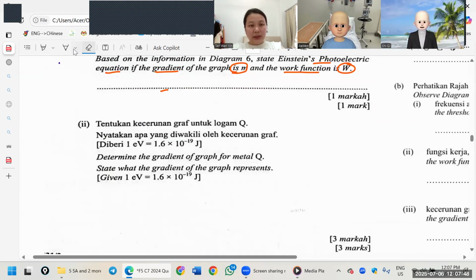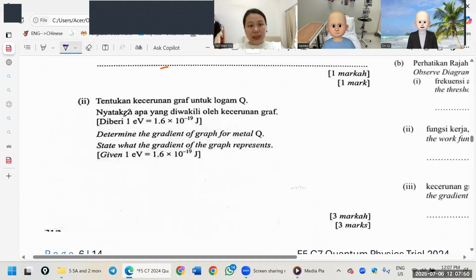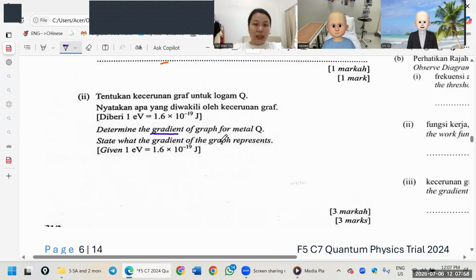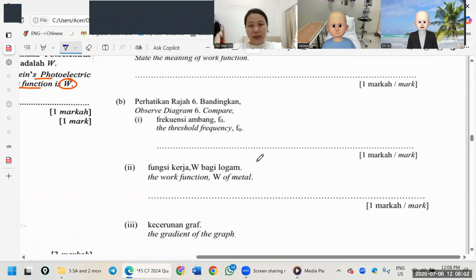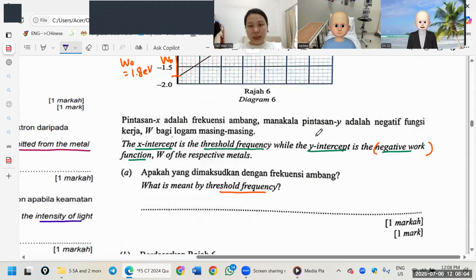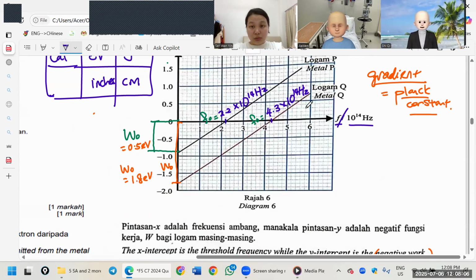Then last. They say determine the gradient of the graph. What is the gradient of the graph? So the gradient of the graph for Q, you just draw. Since they give you a grid, you determine, let's say here and here.